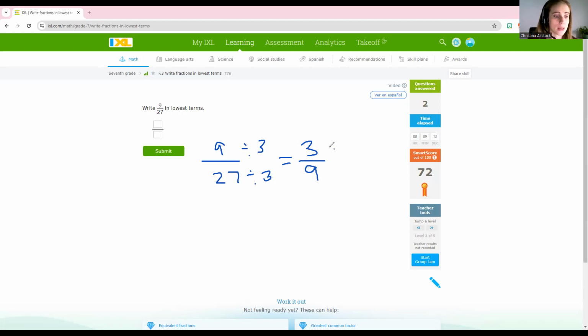I need to divide by 3 again to fully simplify this. So 3 divided by 3 is 1. 9 divided by 3 is 3. And now we have fully simplified our fraction here. If you had chosen to go the GCF route, I am kind of changing my mind here.